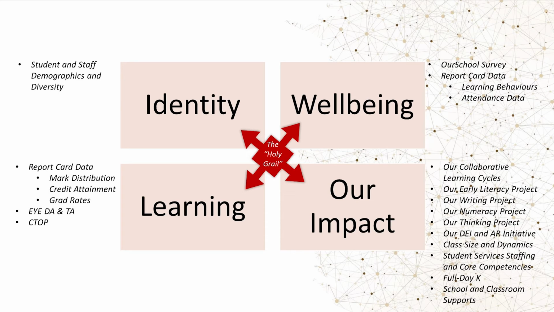And trying to measure our impact. How are we making it better? Through our collaborative learning cycles. We've learned a lot. We've stepped away from professional learning communities, and so we call them collaborative learning cycles.